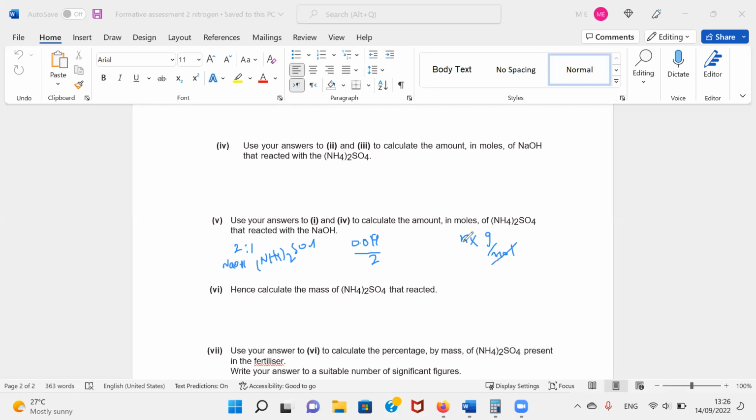So mole will go with mole and you will be getting grams. So this number here times the molar mass or formula mass of the ammonium sulfate, which is 132.1.